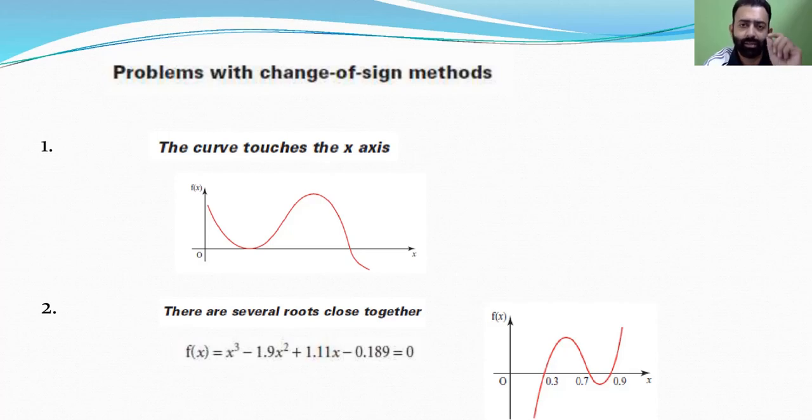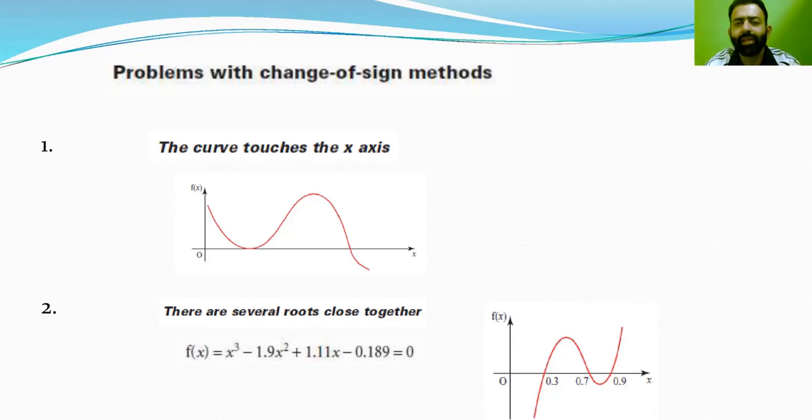To arrive at an approximate value of that root, you start moving from 0 towards 1 by increasing by 0.1. So the next value will be 0.1, then 0.2, 0.3 and so on.